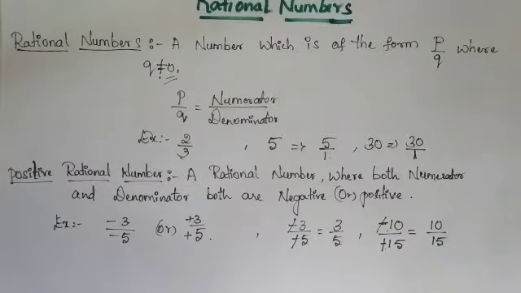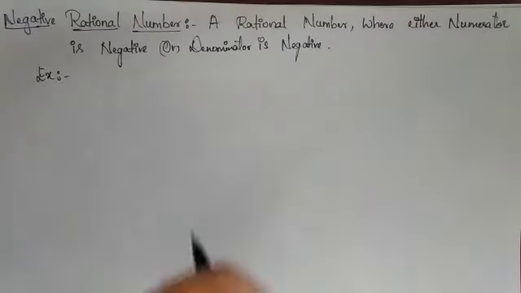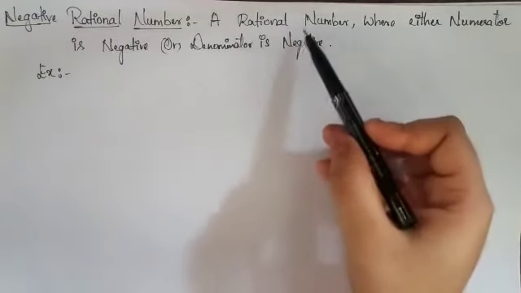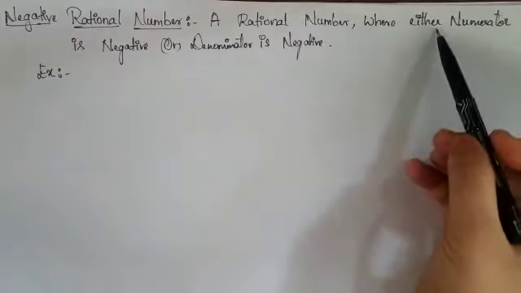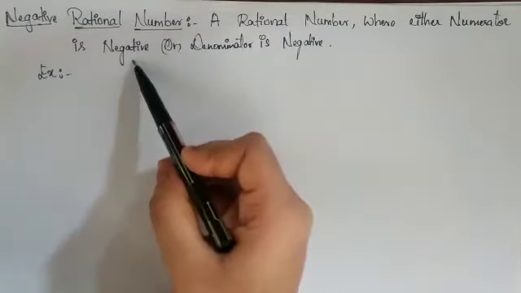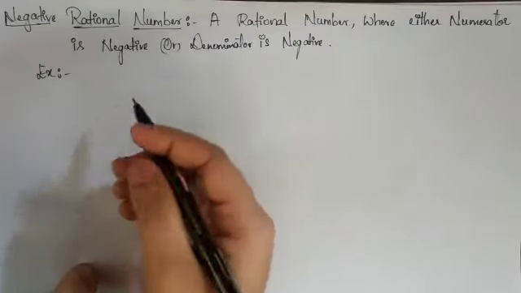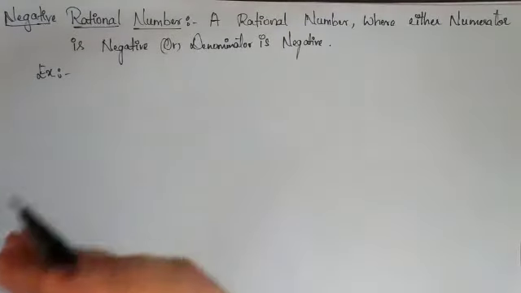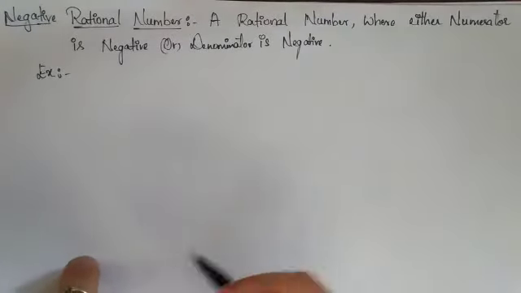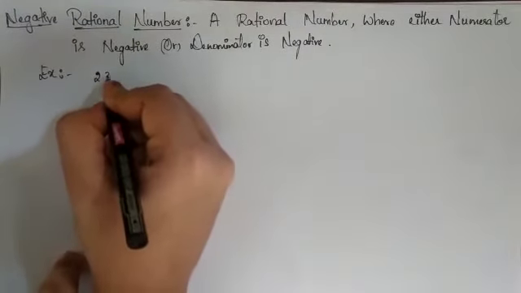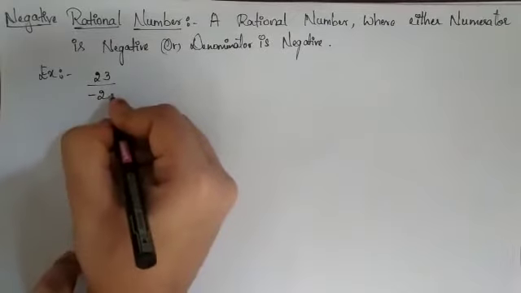Next we will go with the negative rational number. What is a negative rational number? A rational number where either the numerator is negative or the denominator is negative. For example, I can write 23 divided by minus 29.